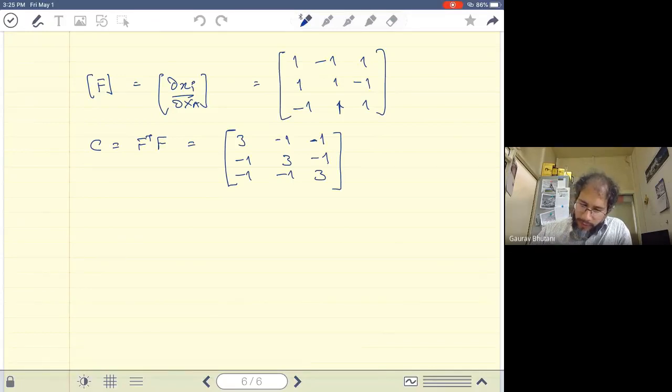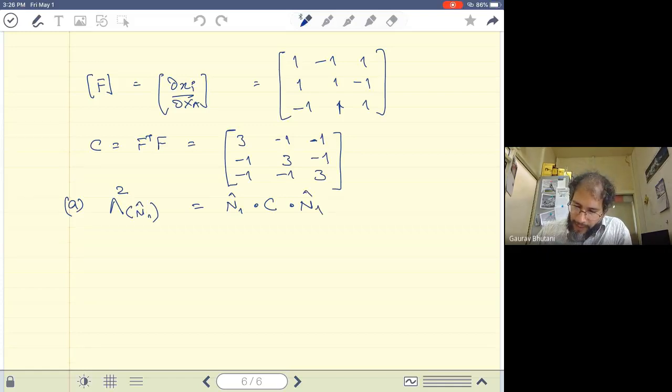So let's start solving the first problem now. We have to find the stretch ratio in the direction of n1 hat, where n1 hat is given as E1 plus E2 by root 2. Remember that the square of the stretch ratio was n dot C dot n.